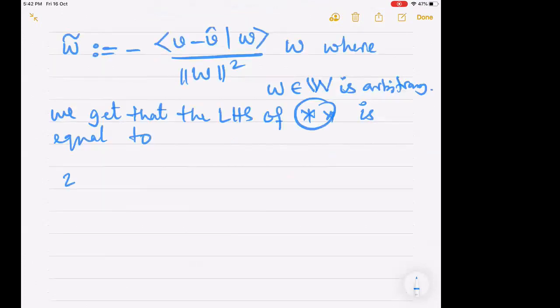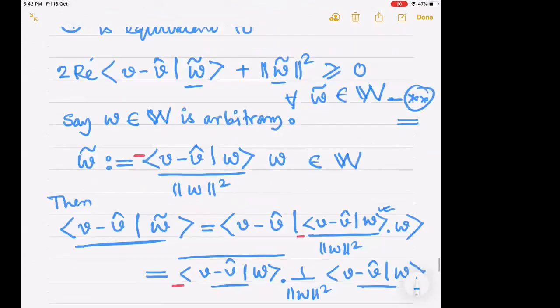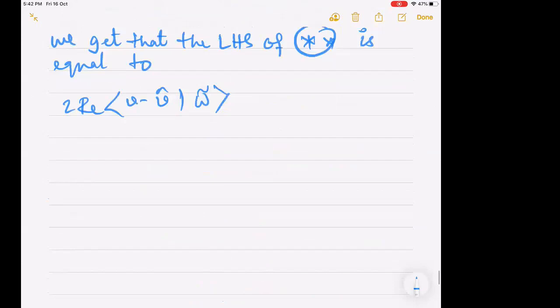It was 2 times the real part of V minus V hat inner product W tilde plus W tilde norm squared.